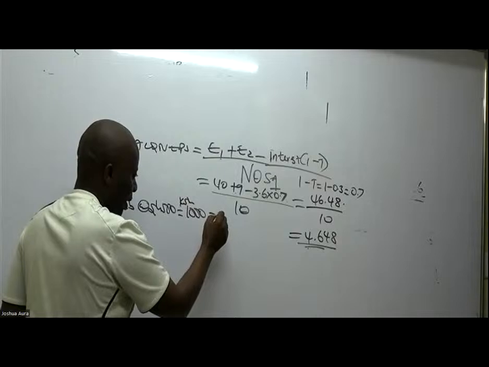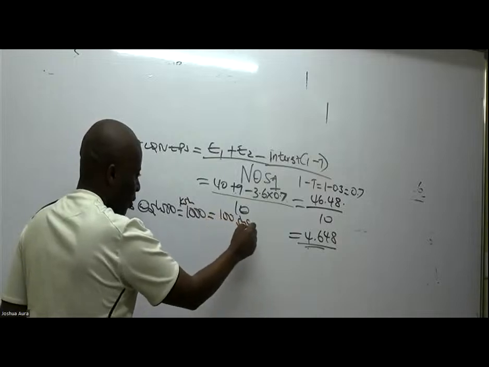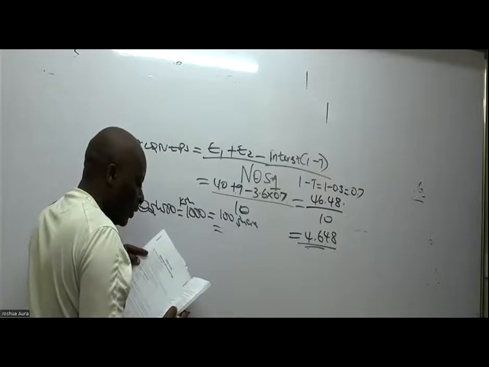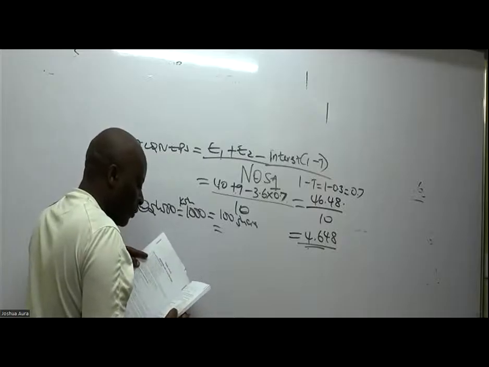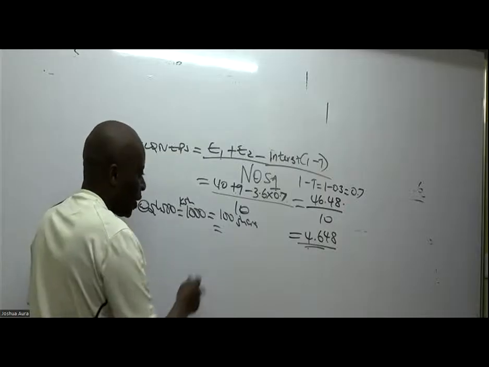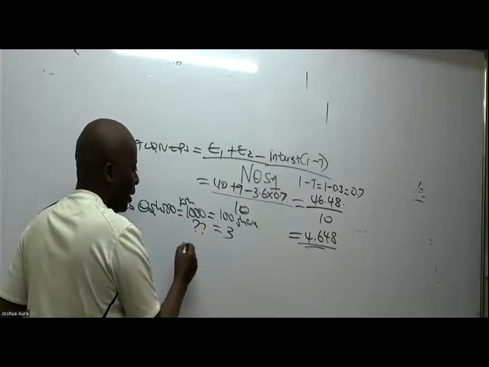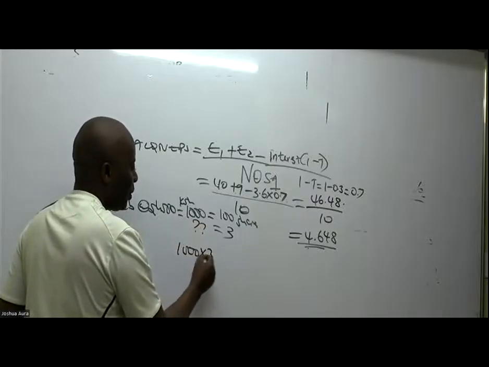Equals 100 shares. How about them giving us all the shares that they have? What shares do they have? These guys, they have 3 shares up there from the table. So when I come here, it will be 1,000 times 3 over 100. So this disappears.